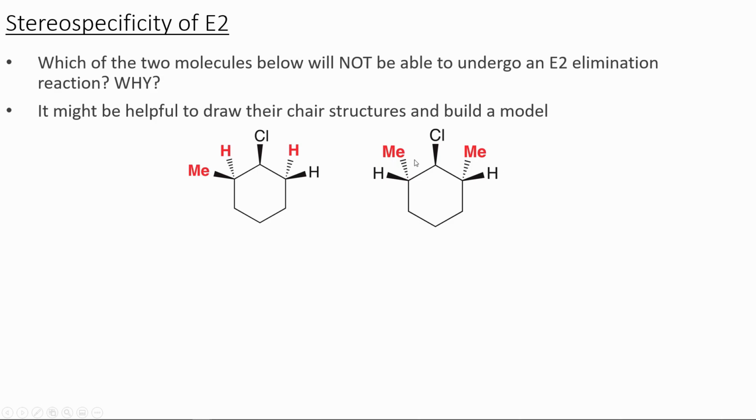If you draw the chair conformation of these two molecules, you'll see that when the chlorine is in the axial position, these hydrogens are in the axial position, and when this chlorine is in the axial position, it's antiperiplanar to a methyl group. So only the isomer where a hydrogen is trans to the chlorine will be able to undergo elimination reactions.